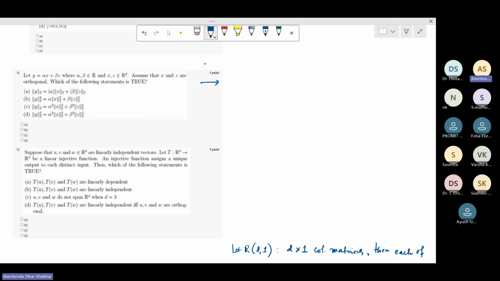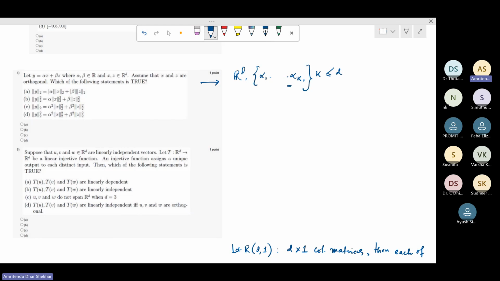So let's say our space is R^d, and we are given a collection of orthogonal vectors, say alpha 1 to alpha k.